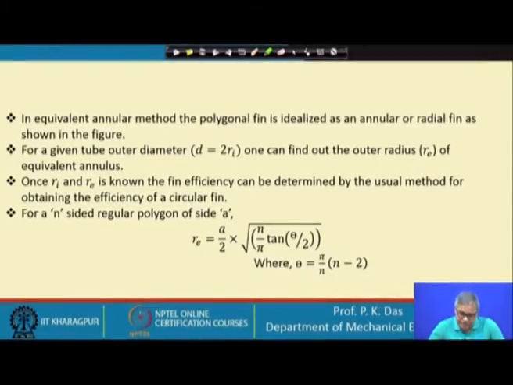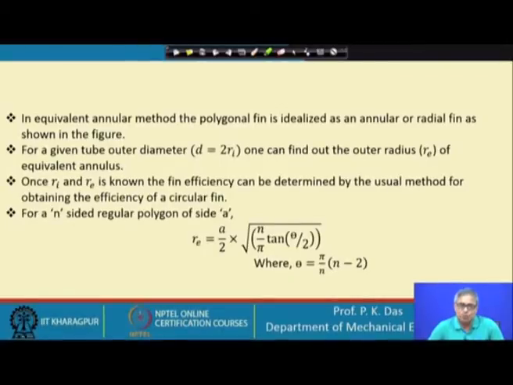How to determine the circular fin efficiency? We have seen that generally it comes through Bessel functions, and again it is complex. In regular design, we do not like to use those Bessel functions. So, basically there will be some sort of curves or charts, and from there we can do it. Now, with the advent of computing power, one can have software for calculating the fin efficiency, and a better, slightly more accurate method could be adopted.